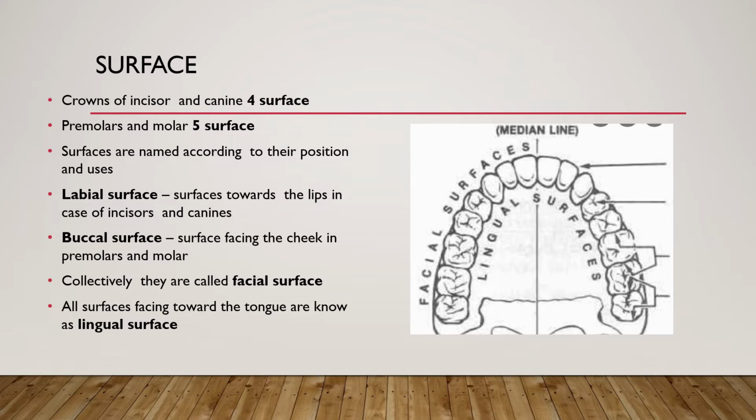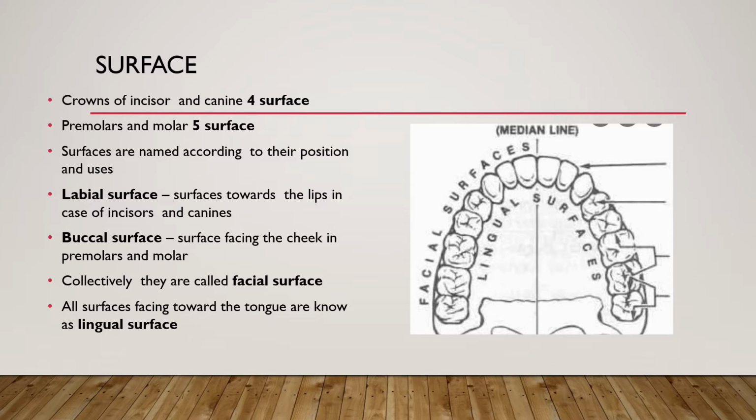Now, these surfaces are named according to their position and use. Those surfaces which face towards the lip in the case of incisors and canines are known as the labial surface. ये surface lip की towards face करती हैं, and those surfaces जो cheek की towards face करती हैं in the case of premolars and molars are known as the buccal surface.